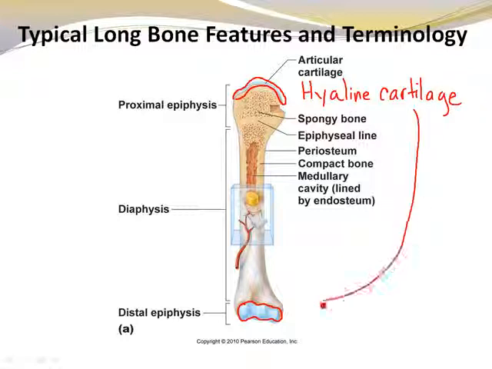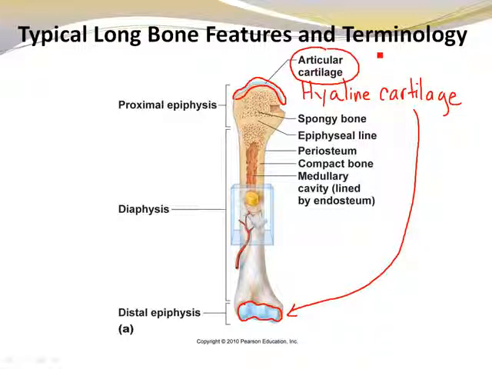You're going to have that on the ends of long bones, and they are part of the joints between that bone and adjacent bones, important for some of the cushioning that takes place there. It's composed of hyaline cartilage, which you learned about in Unit 2 when you were studying tissues, and you'll also see this little bit of cartilage present on the ends of long bones called articular cartilage.